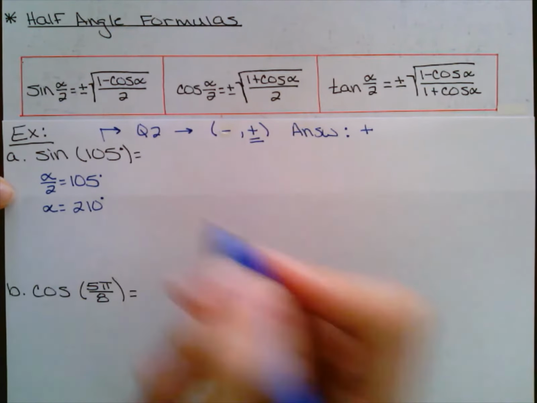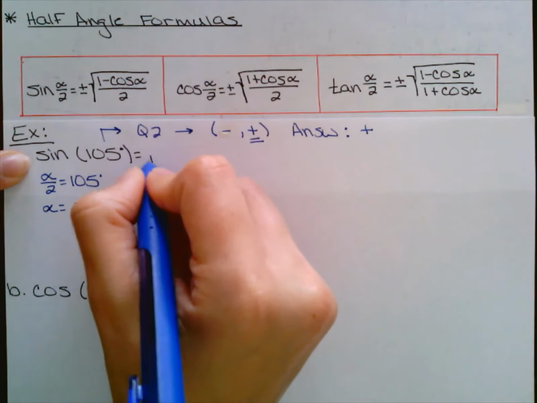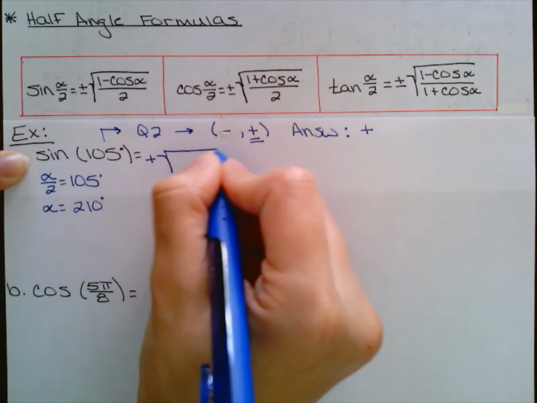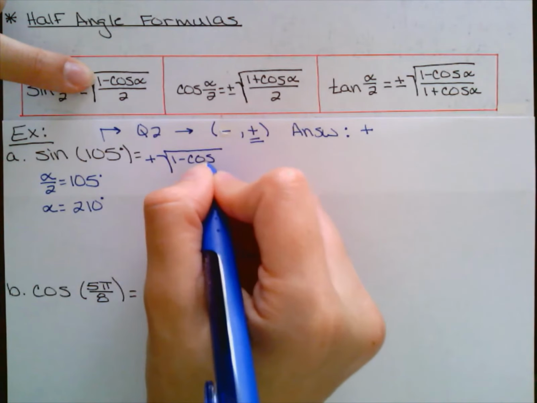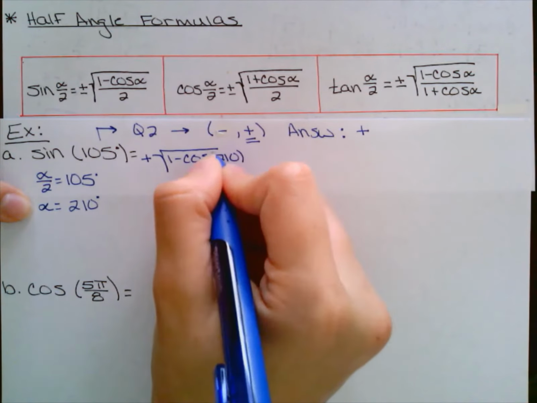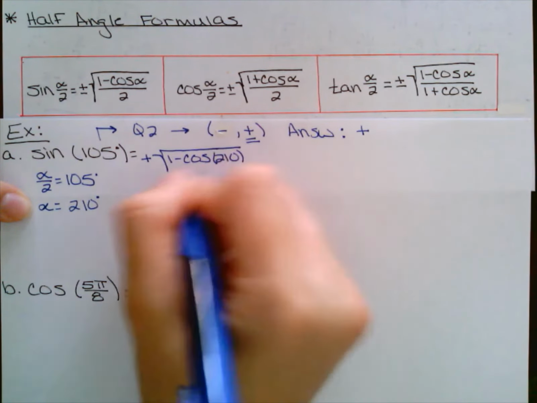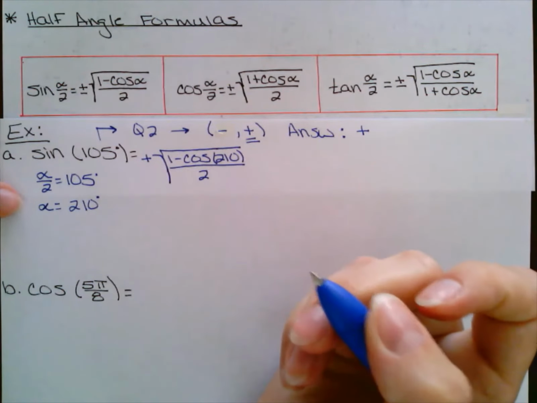Okay, so next step. It's a positive, so if you'd like, put the positive so you know you didn't skip that step. My formula is 1 minus cosine. I found out that alpha was 210. 210 is on my unit circle over 2. Okay?